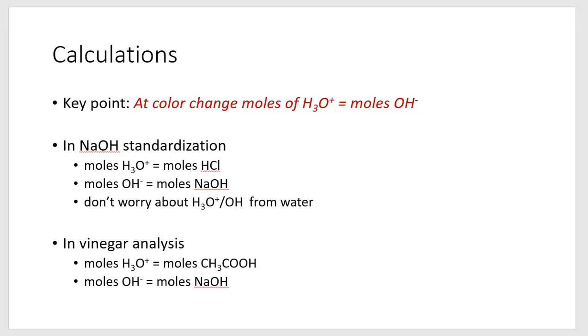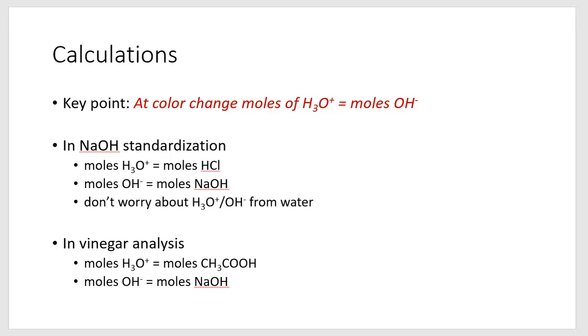In the first part of the experiment, the sodium hydroxide standardization, the moles of HCl are equal to the moles of NaOH. And in all the experiments, we don't have to worry about the H3O+ and the hydroxide that are produced from water. Those are there, but they're at small enough concentrations that they aren't significant.